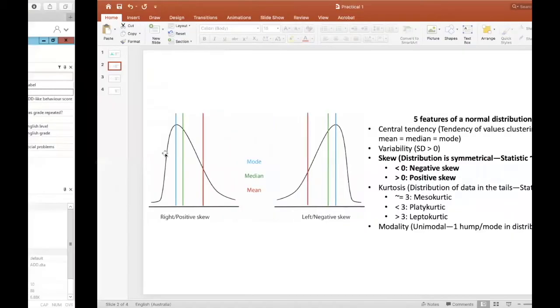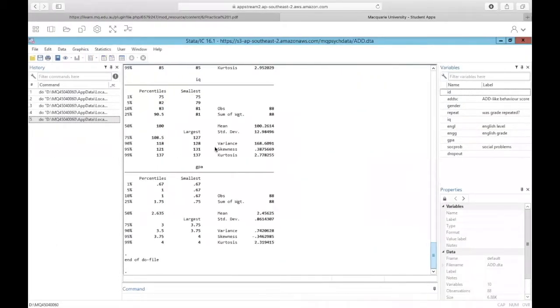So if we head on over to Stata again, we can see in our detailed summary table, the skewness statistic for IQ is 0.39. So that would suggest a slightly positive skew to our data set. Okay, and we can confirm that with a frequency distribution again, which I'll show you in just a little bit. But again, a value fairly close to 0 should suggest an adequately normal distribution.